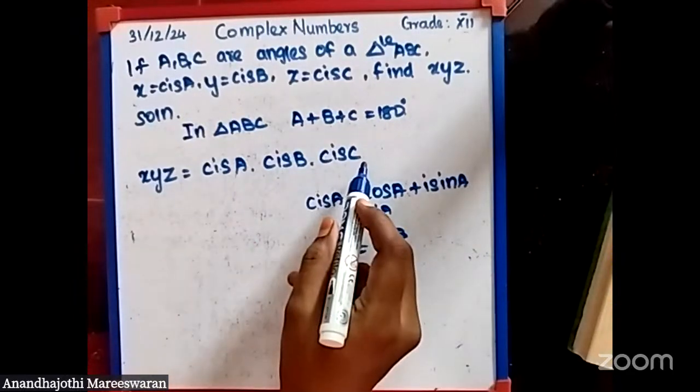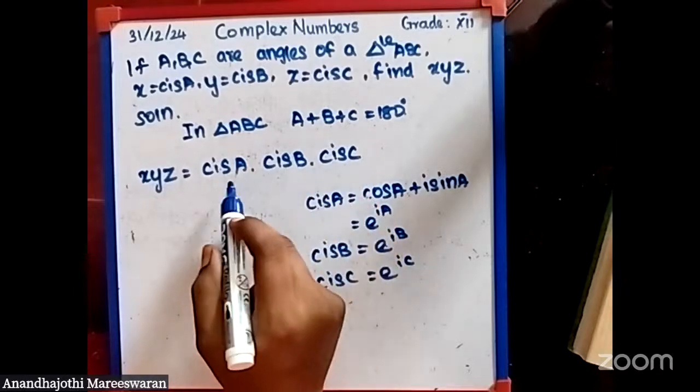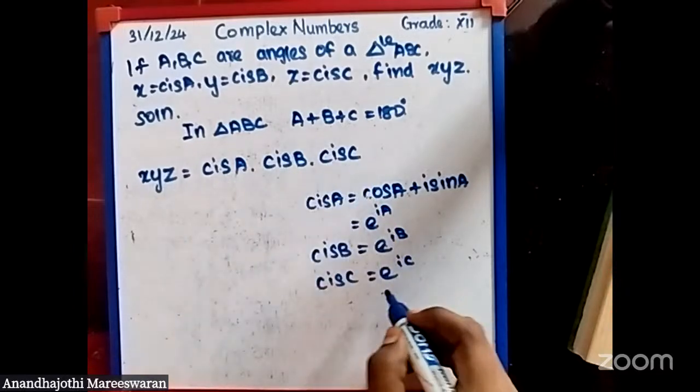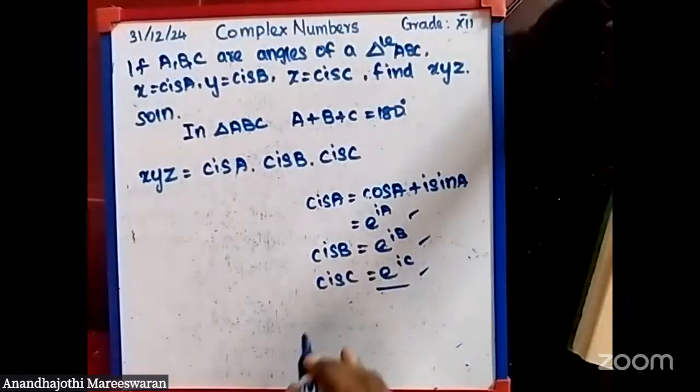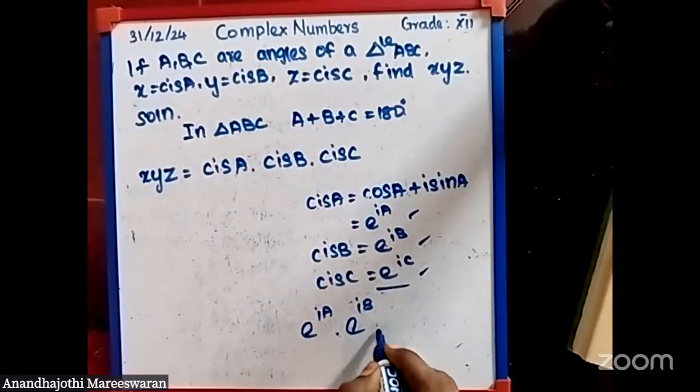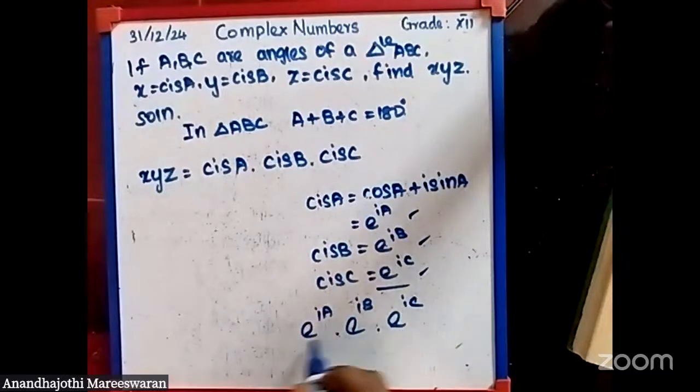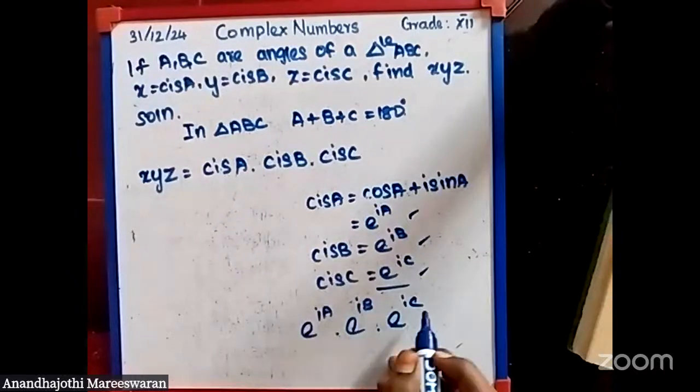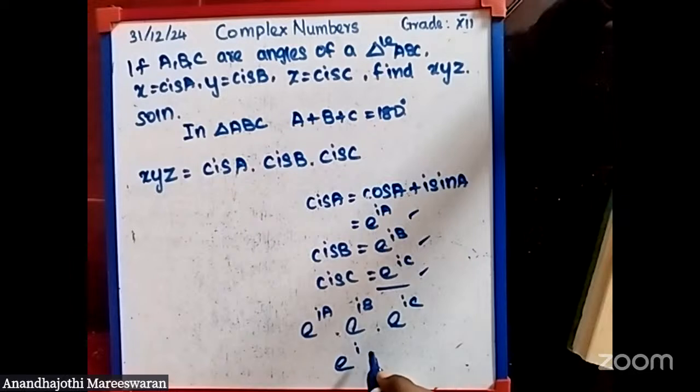What we are going to do here is multiply these. So e power iA multiplied by e power iB multiplied by e power iC. The bases are the same and the powers are varying, so we are going to add them: e power iA plus iB plus iC. i is common in all three, so I am going to take i out.